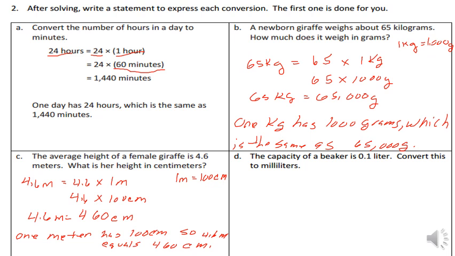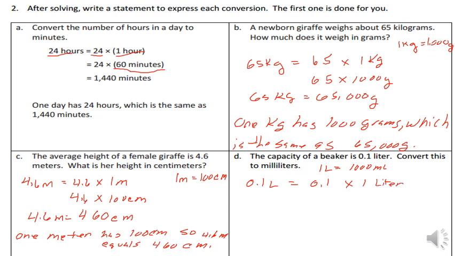D. The capacity of a beaker is 0.1 liter. Convert this to milliliters. Okay, well I know 1 liter equals 1,000 milliliters. So having 0.1 liter, which equals 0.1 times 1 liter.